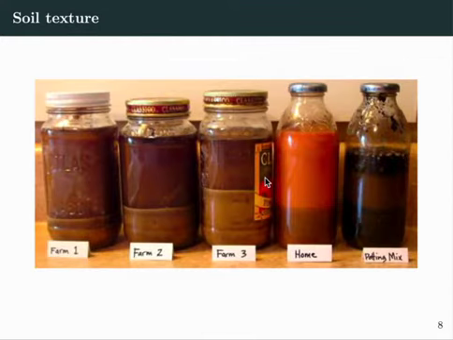Of course, they ate a lot of Classico spaghetti sauce, and they did that with soils from 3 different farms, 1, 2, 3. They did it with some potting soil mix, and they did it with the soil sitting outside their home. And you can see in these farm soils different amounts of sand and silt and clay that is still settling out.